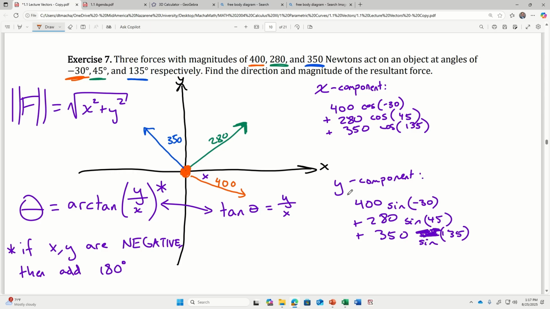That gives you the magnitude. The direction is the last tricky part, because the direction is going to be given by the arc tangent of y divided by x. And again, the reason for that is because tangent is opposite over adjacent.